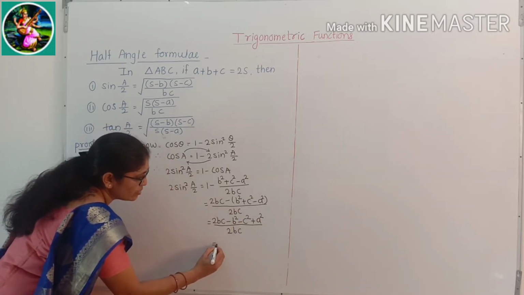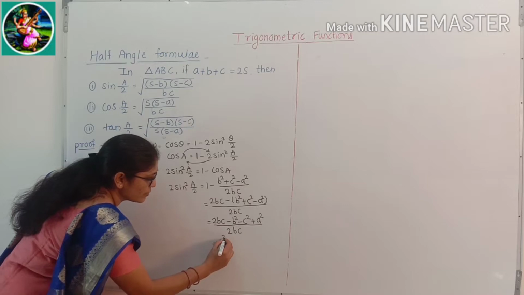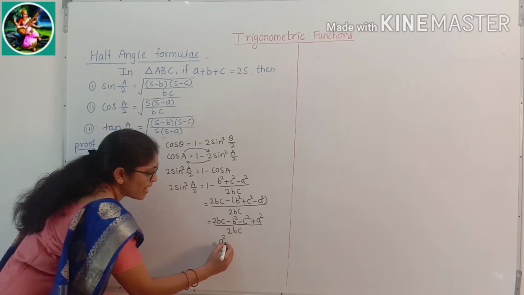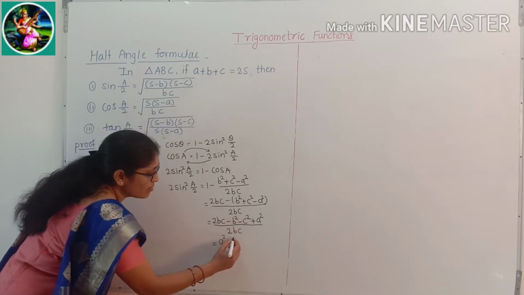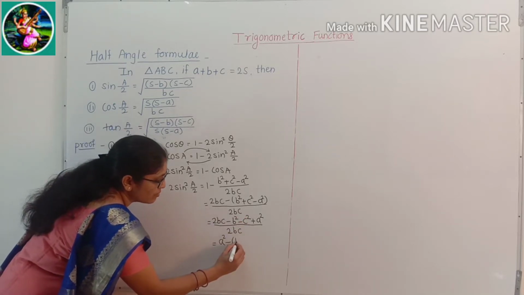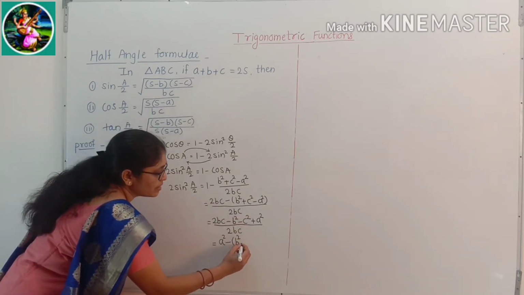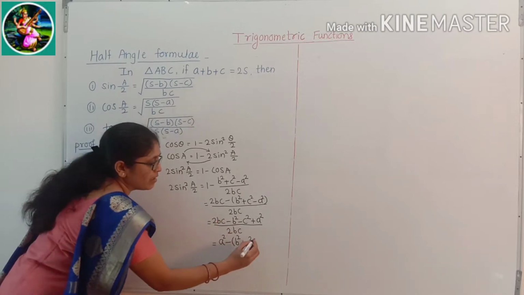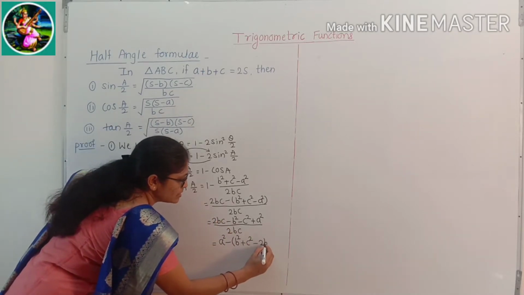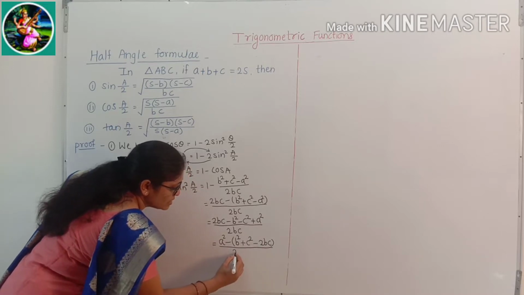That is equal to a square first, and we take minus sign common from the three terms: minus b square becomes plus b square, minus c square becomes plus c square, and plus 2bc becomes minus 2bc. This whole divided by 2bc.